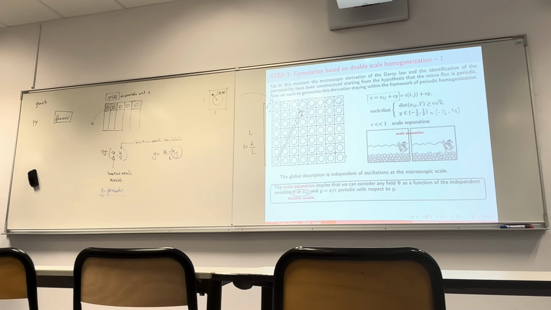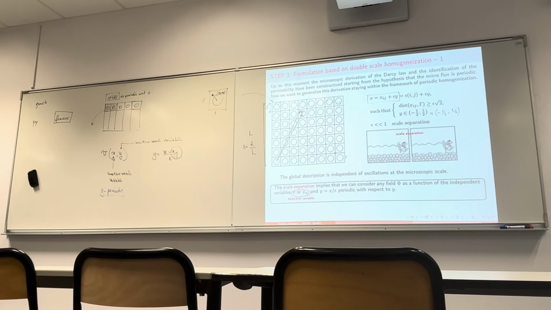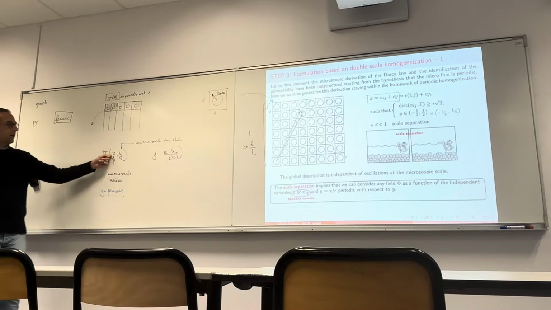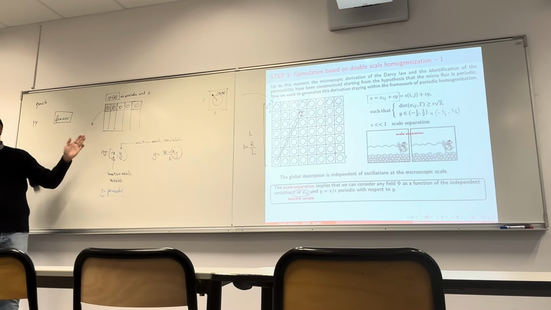So the main difference with respect to the previous formulation is that now we have no more full periodicity, but we have periodicity only with respect to the variable that describes oscillations within the cell. When you switch from one cell to another, you still have this x which can change. Okay.